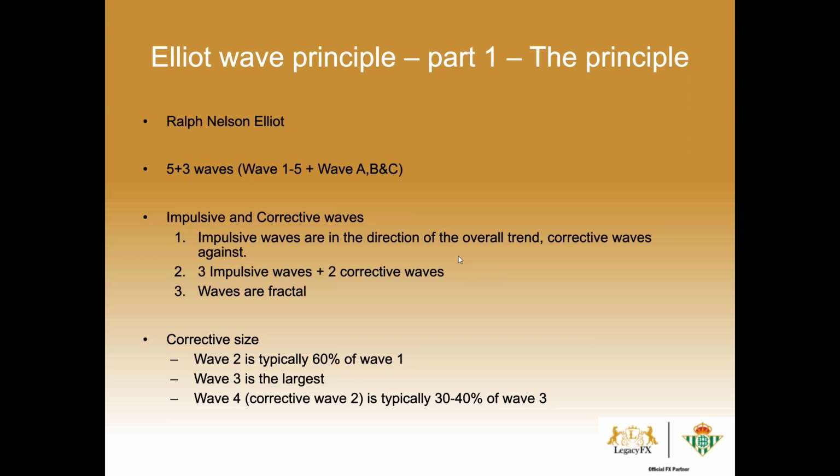Now, people ask about the corrective size. Usually speaking, wave 2, which is corrective wave number 1, is a 60% pullback or rally from the size of wave 1. Where did we see that number before? 61.8 comes to mind.